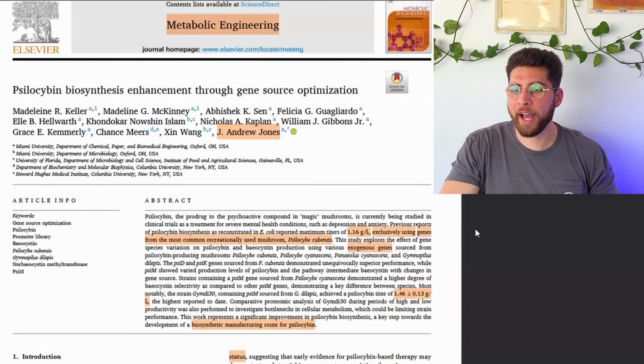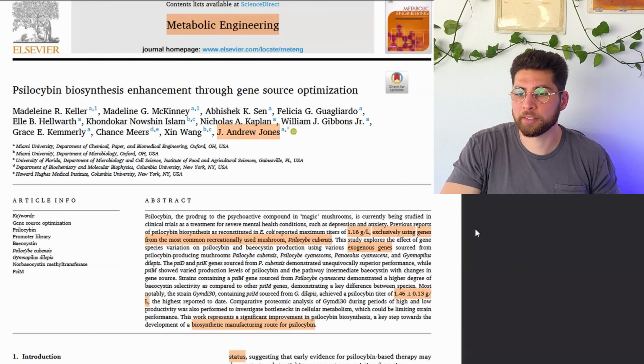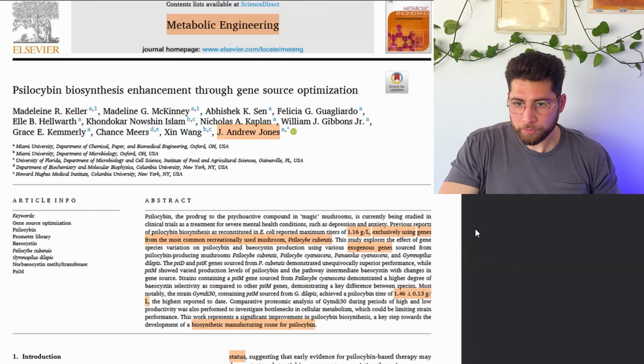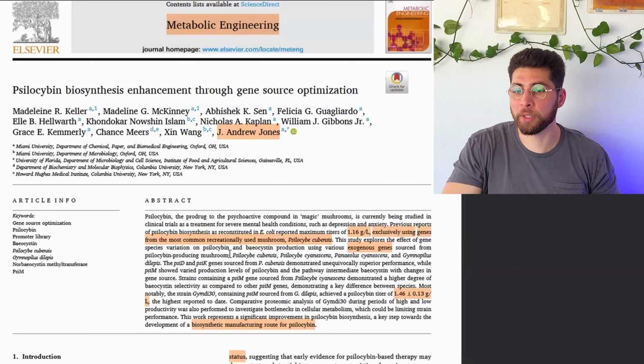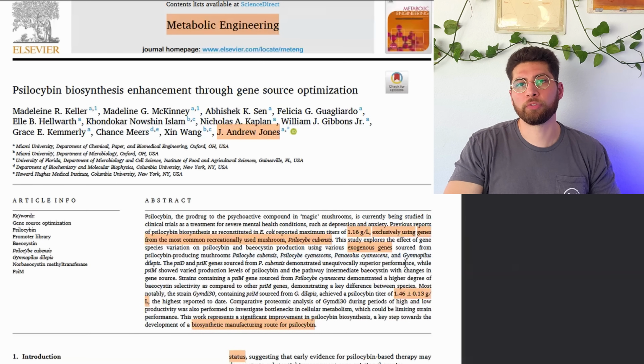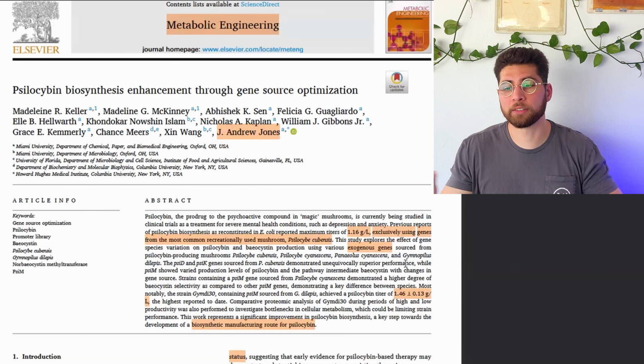So to be clear, in the last article, they used exogenous genes, exogenous meaning from another source. In this case, they used Psilocybe cubensis genes. In this paper, they're going to use various other genes from related fungi, so Psilocybe cubensis, sinensis, and then from different genuses as well, in order to potentially find some genes that in bacteria make higher quantities of these compounds.